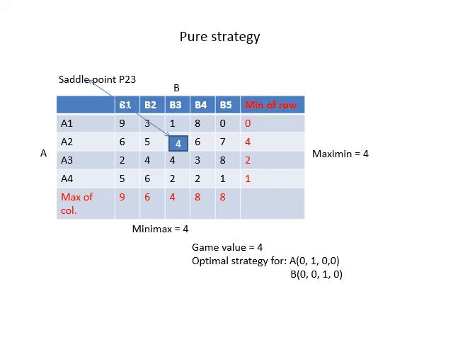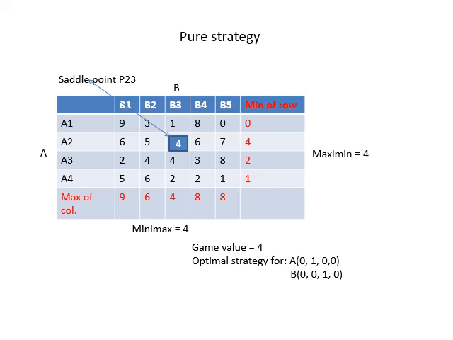The first step is to apply the principle of minimum of row. This principle is based on the selection of the minimum value in each row. So A1 row has 0 as minimum value.